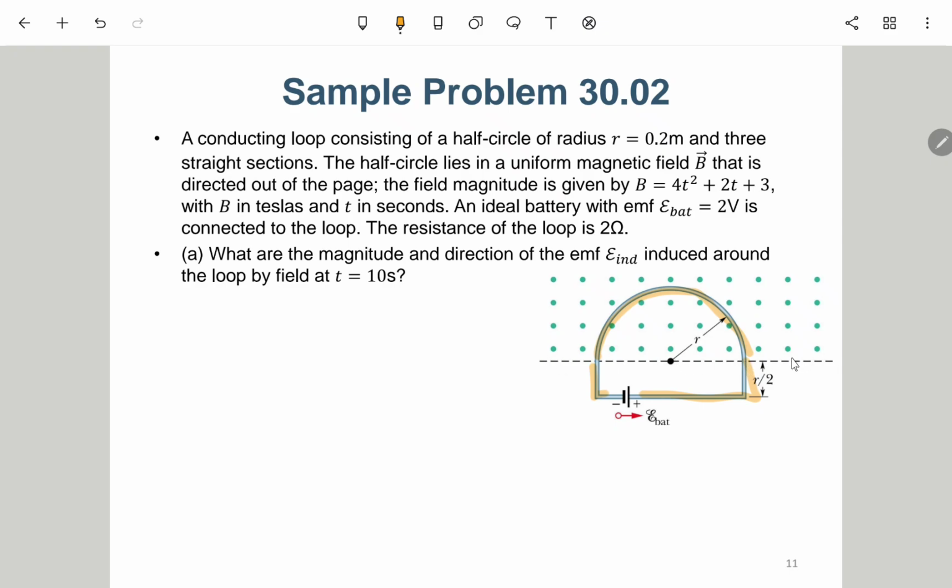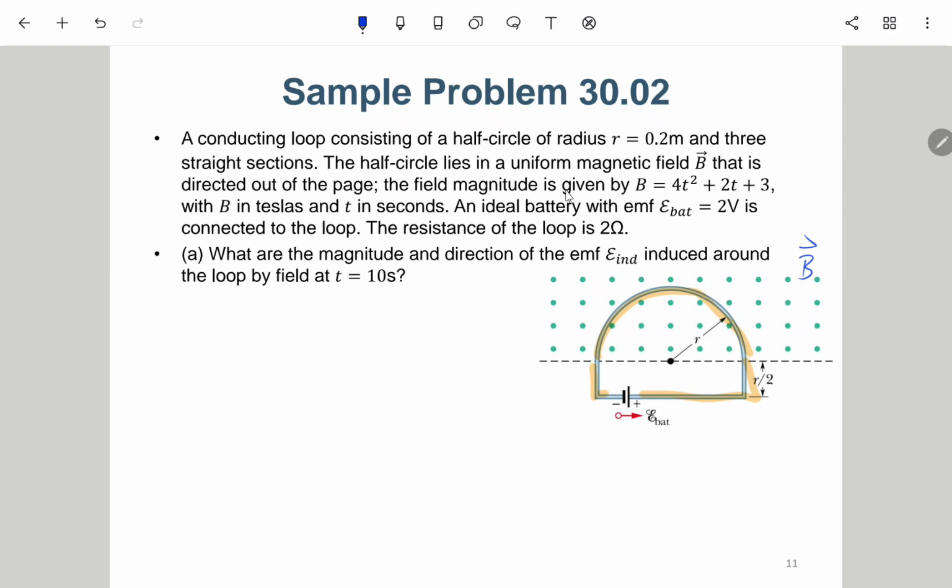Above the dotted line, we have some green dots, meaning the B field here is uniform and pointing out of the page. But actually this is time varying.